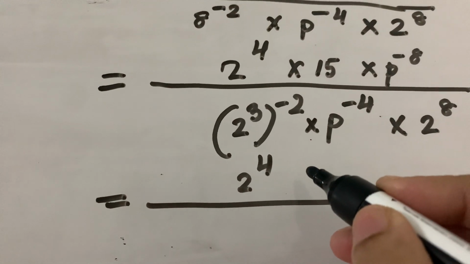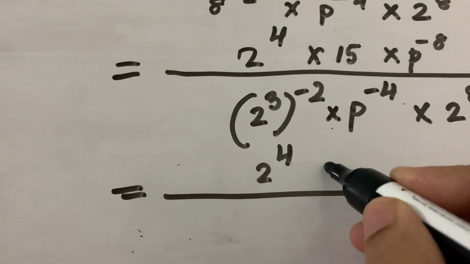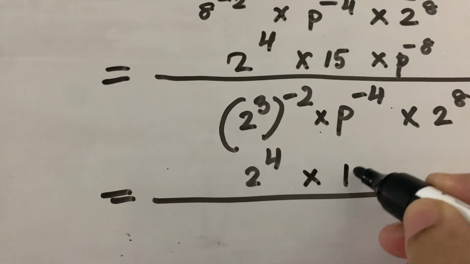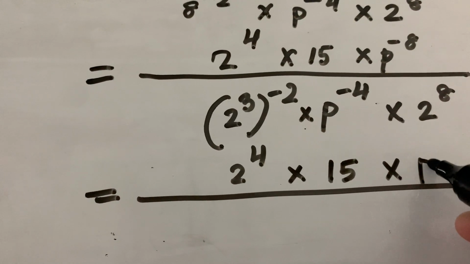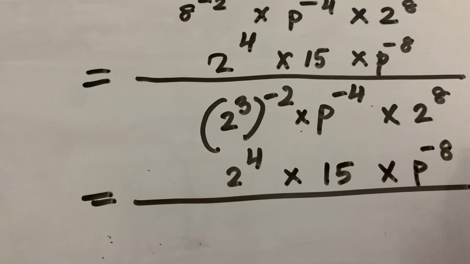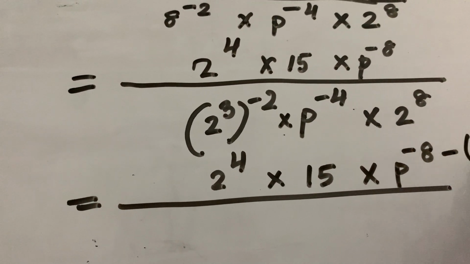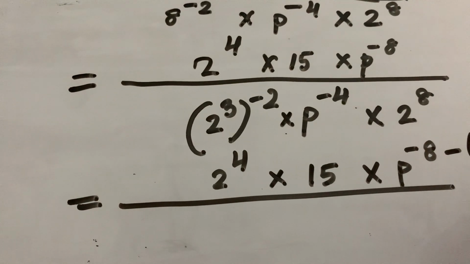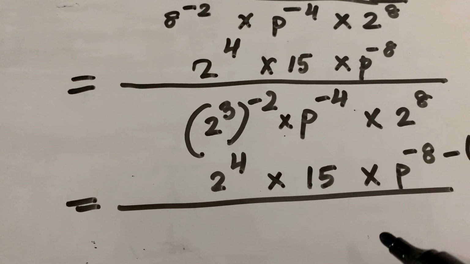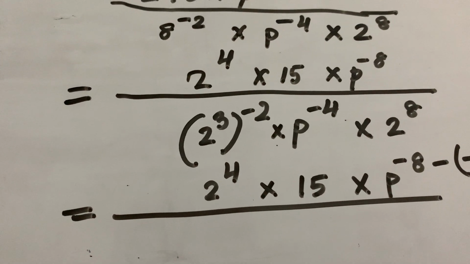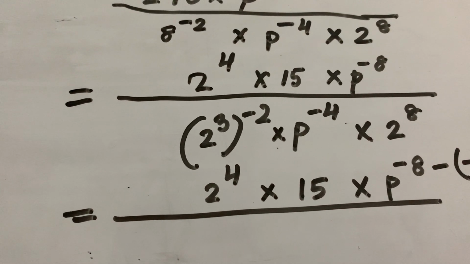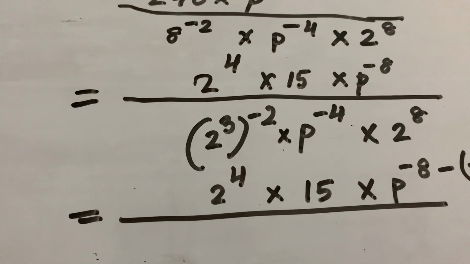So this will be equal to 2 to the power 4 into 15 into p to the power minus 8 minus of minus 4. Since down we have p to the power minus 4, and we know p to the power m by p to the power n is p to the power m minus n.